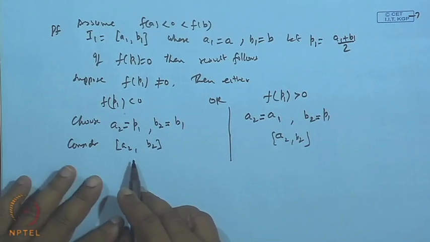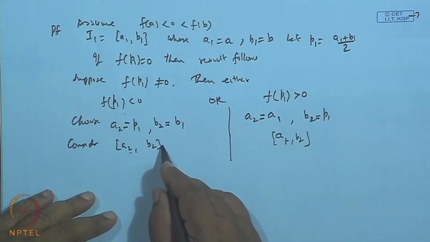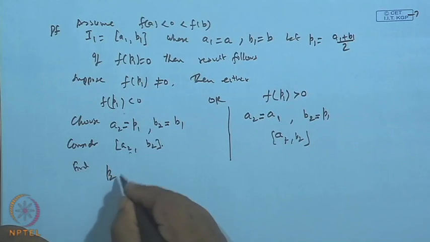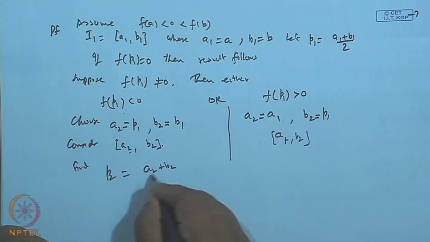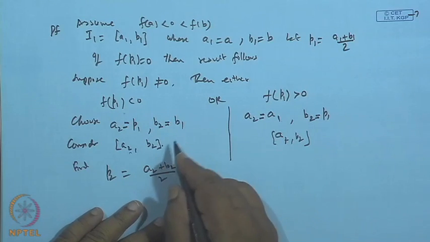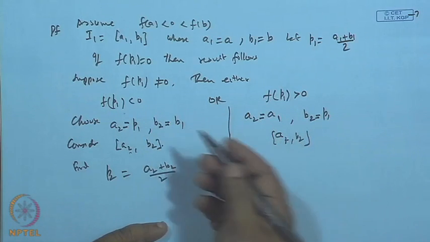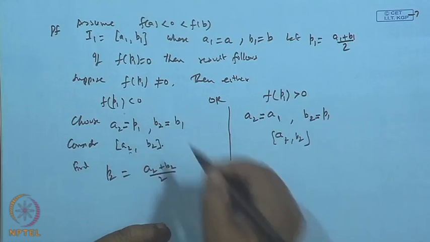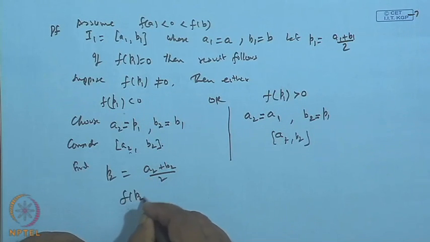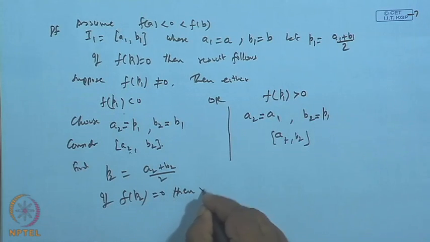This is fine, and then once one of the cases holds, you will have the interval a2 b2. Then find the point p2, which is again half of this, that is a2 plus b2 by 2. Then test the functional value f of p2. If it is 0, then the result follows.